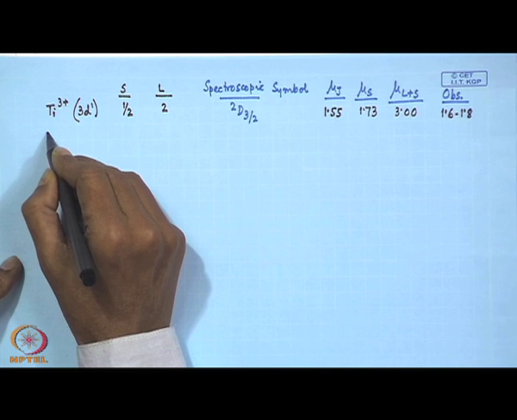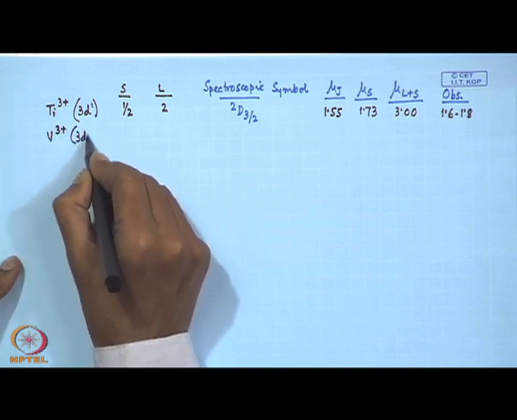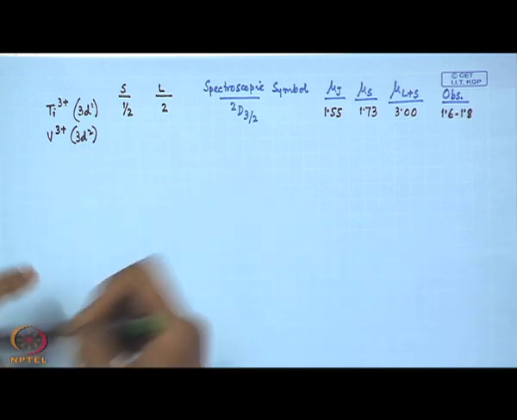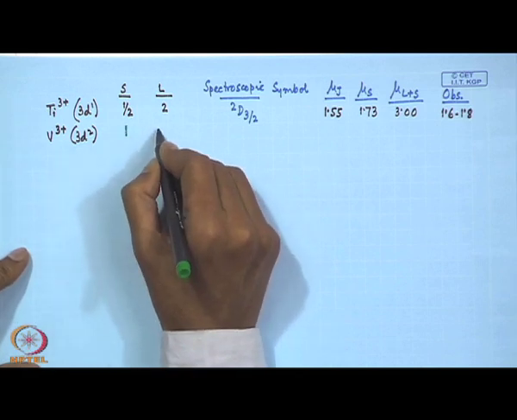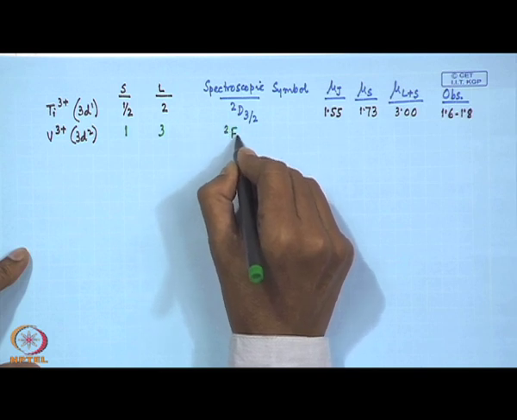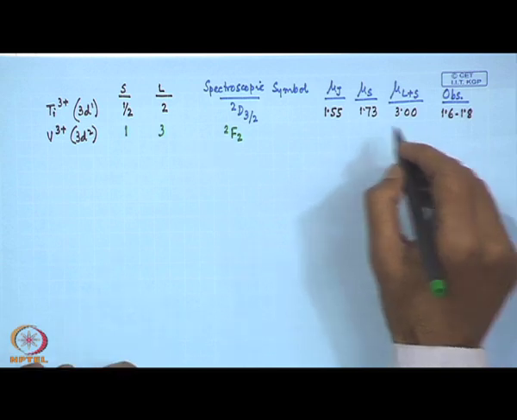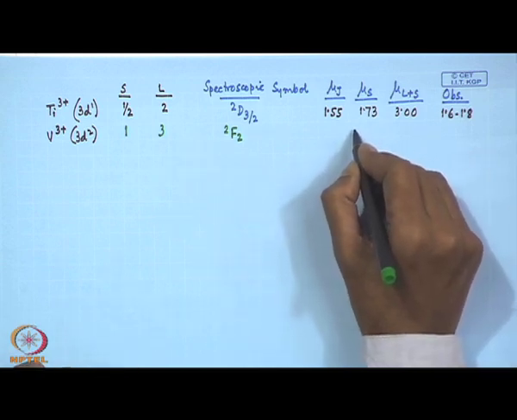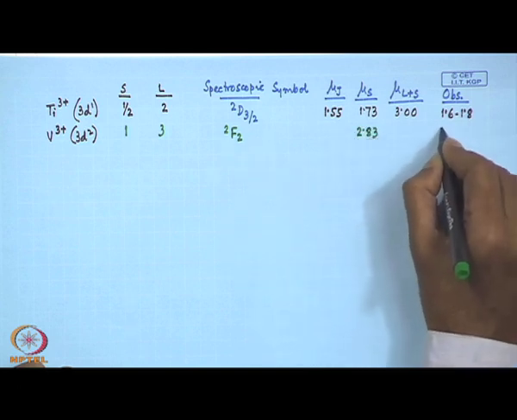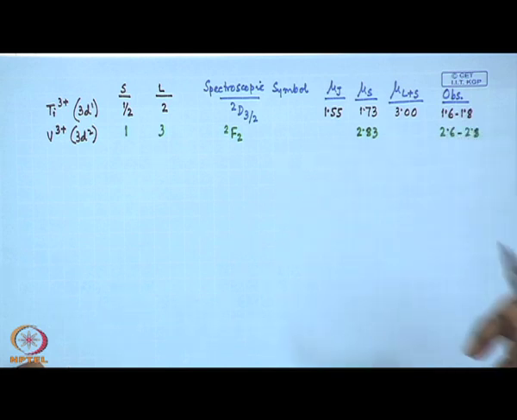Similarly, in the case of vanadium 3 plus, which has the 3d2 electron configuration, the S value is equal to 1, the L value is equal to 3, the term is 3F2, and as we have seen in our previous table, the mu spin only value is 2.83 and the experimental values also range from 2.6 to 2.8.